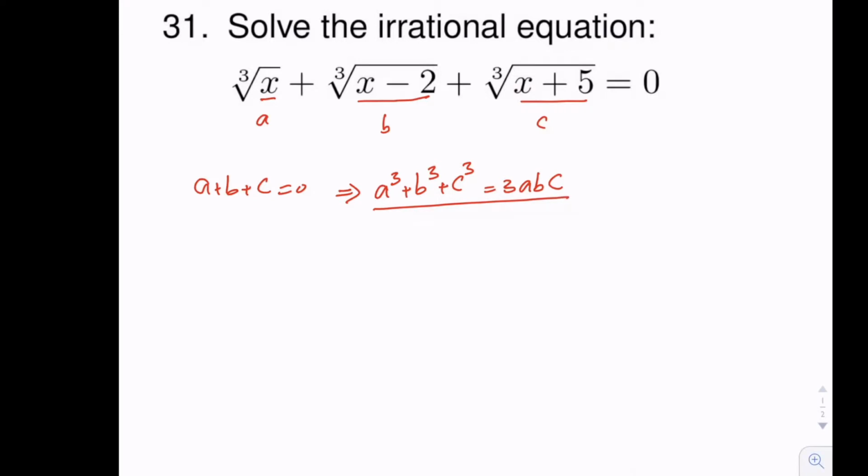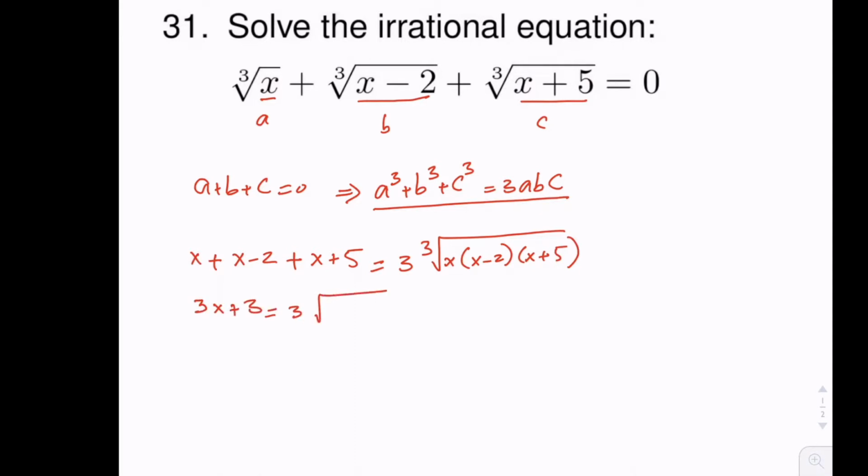So we can write a cubed, which is x, plus b cubed, which is x minus 2, plus c cubed, which is x plus 5, will be equal to 3 times the cube root of x times x minus 2 times x plus 5. And we can simplify the first side of this equation to be 3x plus 3, which is 3 times the cube root of x times x minus 2 times x plus 5.